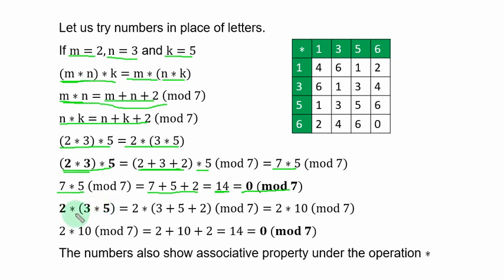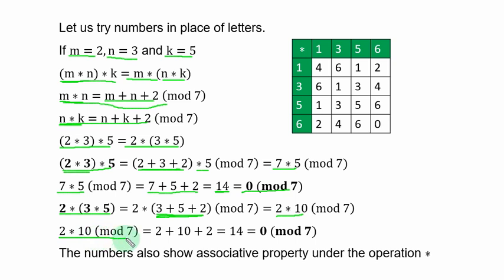We take the right hand side, we start with the operation in the bracket, that is 3 asterisk 5. We relate that to this. So where you have 3 plus 5 plus 2 in this form. When you add these elements, you have 2 asterisk 10 modulo 7. So we have to simplify 2 asterisk 10 modulo 7.